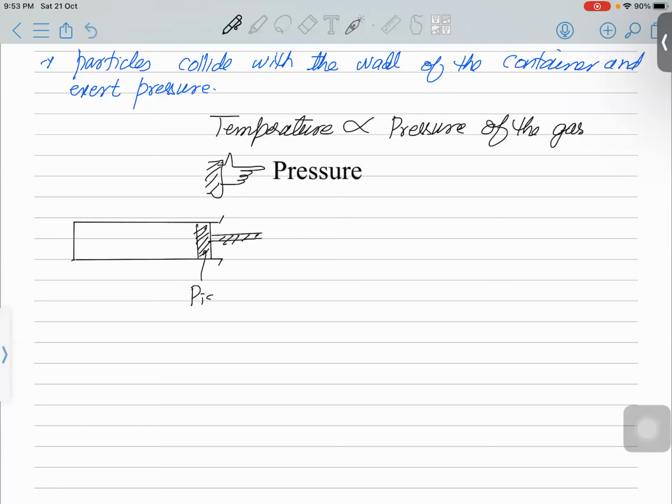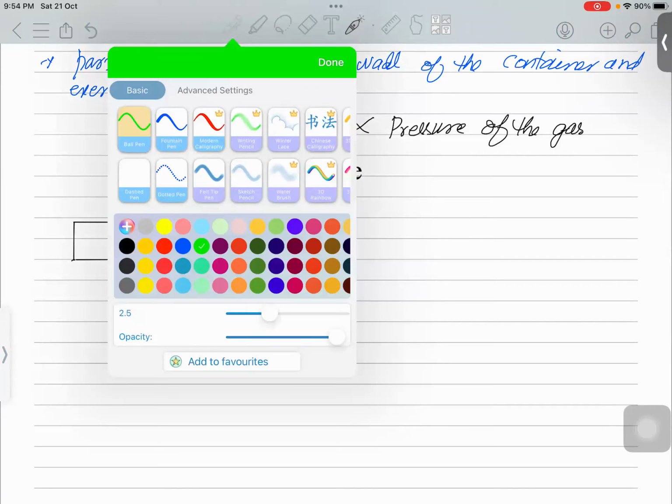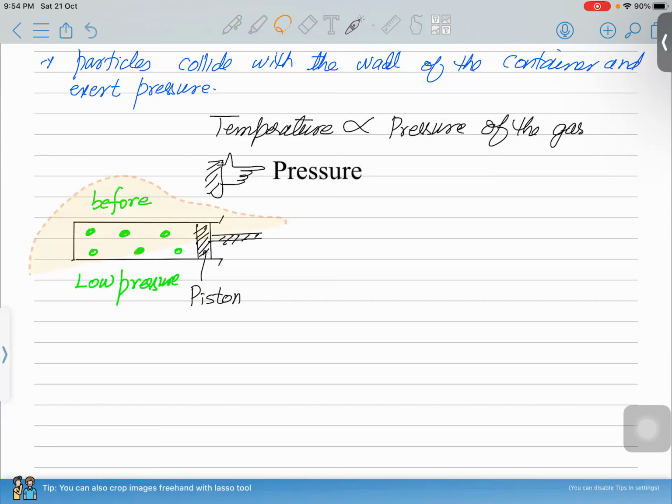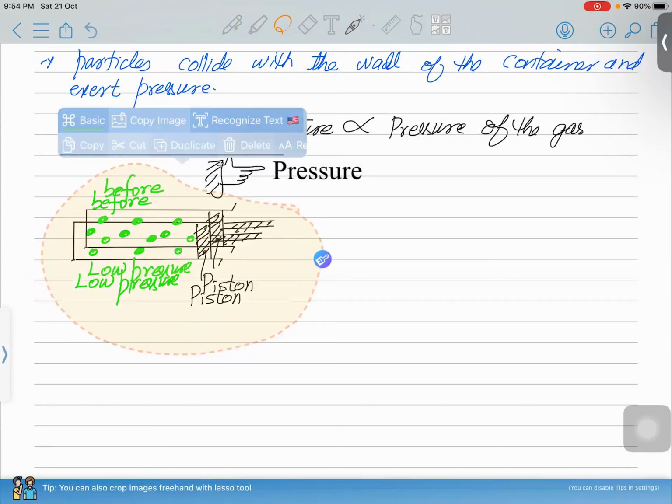And here we have gas particles. This is before: low pressure. Now this is after.